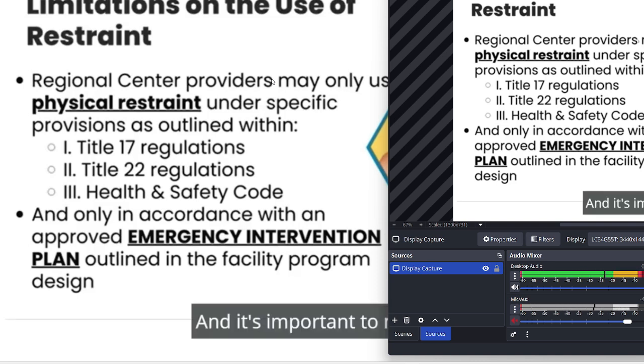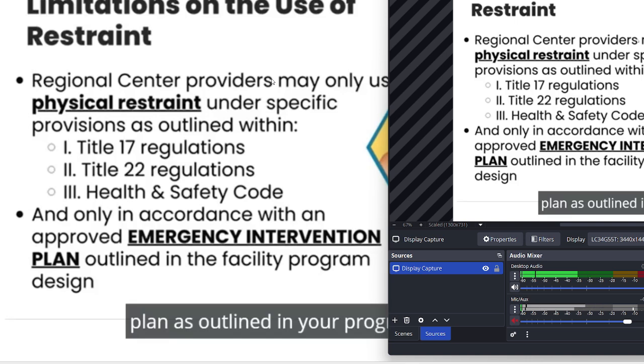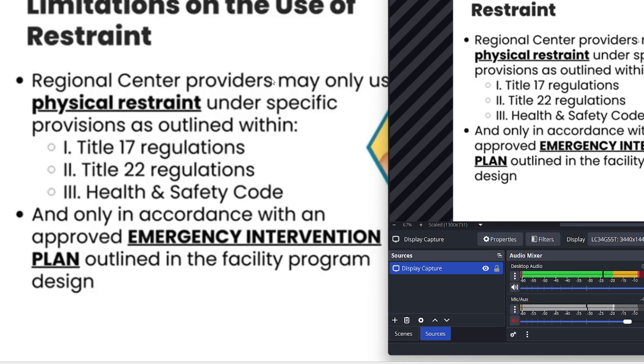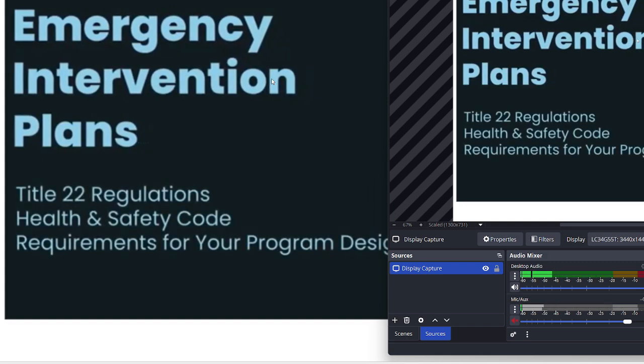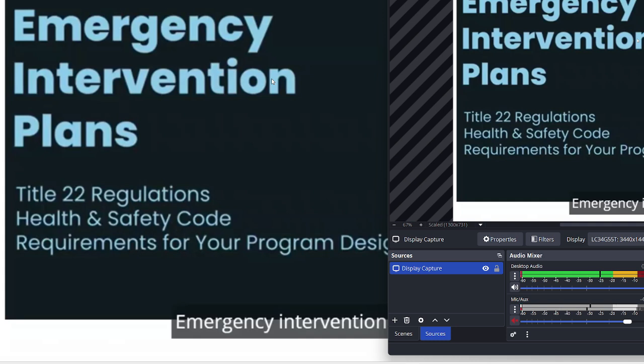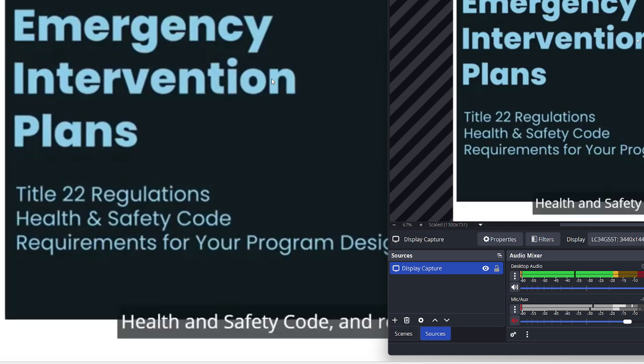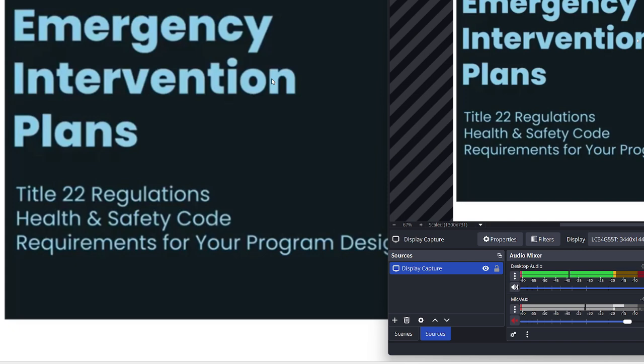And it's important to note that restraint may only be used in an emergency intervention plan as outlined in your program design. Emergency intervention plans, the Title 22 regulations, Health and Safety Code, and requirements for your program design.